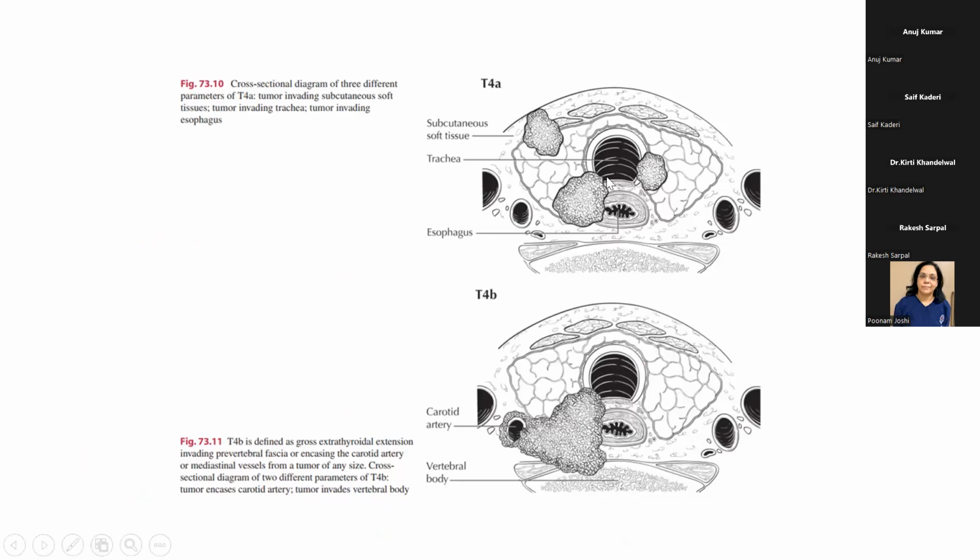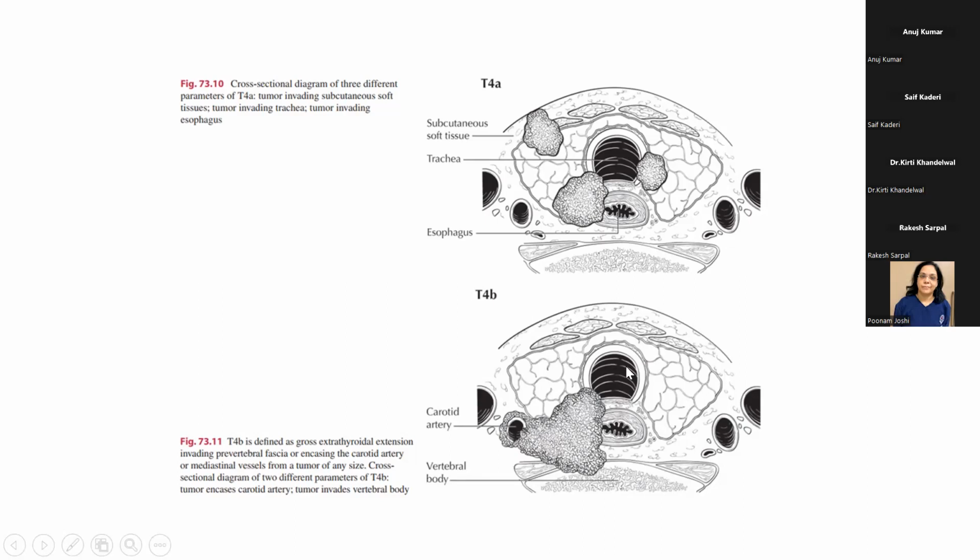We can see the cross-sectional image where the T4A tumor invades subcutaneous soft tissues, the trachea and esophagus. And we have the T4B, which is the gross extrathyroidal extension, which reaches the prevertebral fascia, encasing the carotid artery, or sometimes the mediastinal vessels and vertebral body, etc.